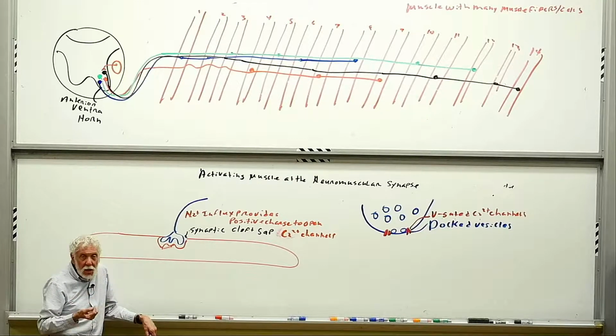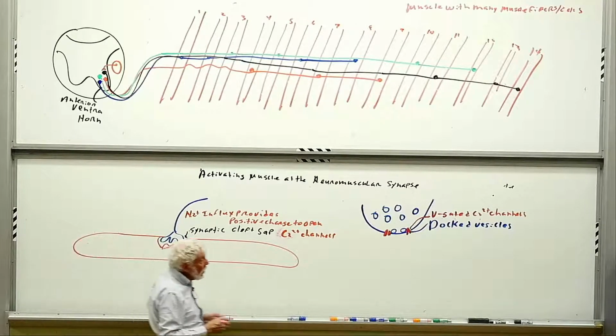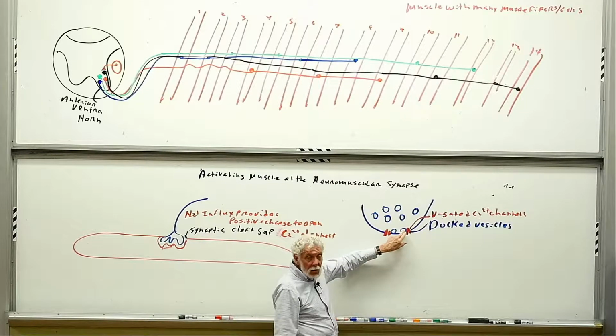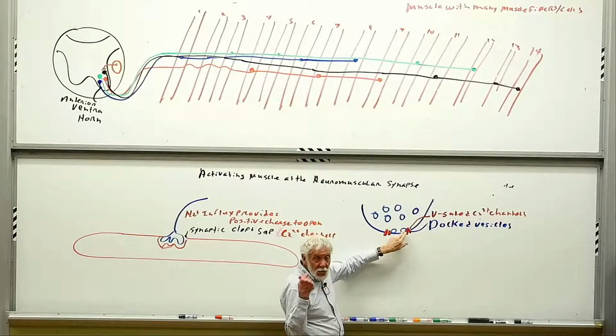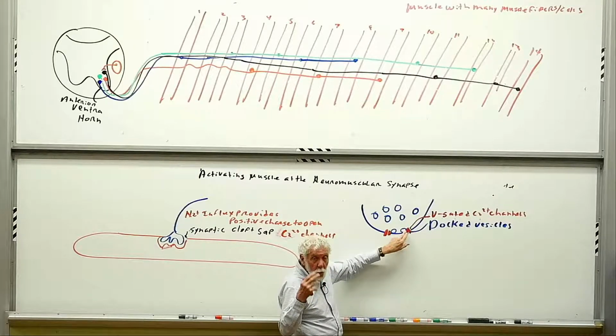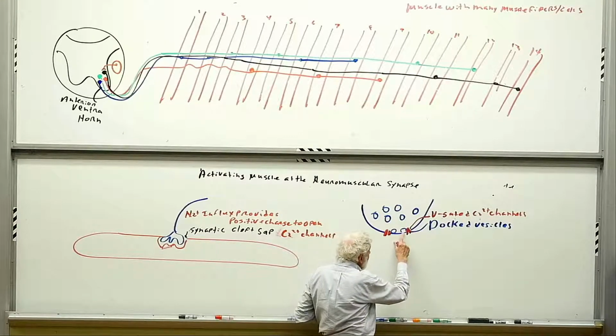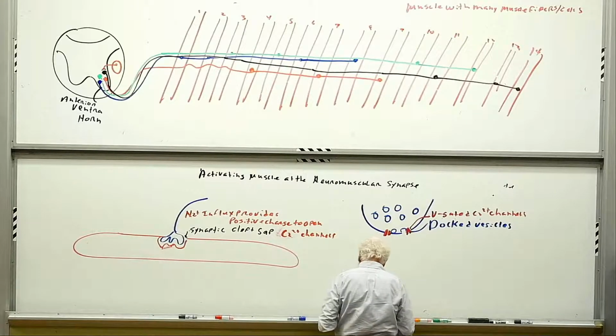The calcium comes in. The calcium then binds to synaptotagmin. The synaptotagmin then instructs or permits the alpha helical regions of VAMP, also known as synaptobrevin, syntaxin, which is a transmembrane protein in the plasma membrane, and SNAP25 to all wind together and smush the vesicle into the plasma membrane.